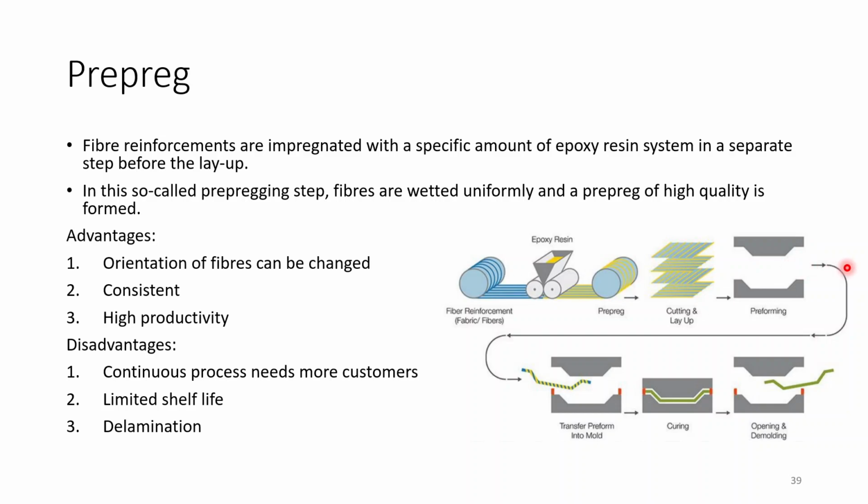So you put in this mold and you keep it covered, then you cure it with heating. After heating, you get the final product. So opening and demolding is next step. These are some of the steps. So preforming, transfer preform into mold, curing and opening and demolding.